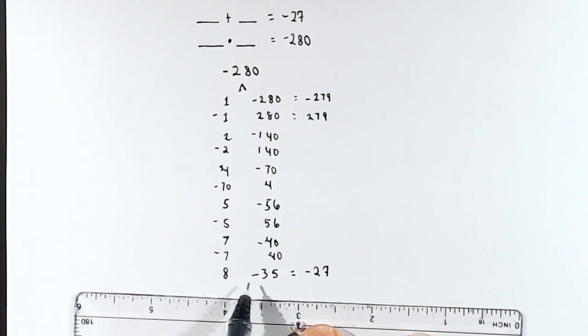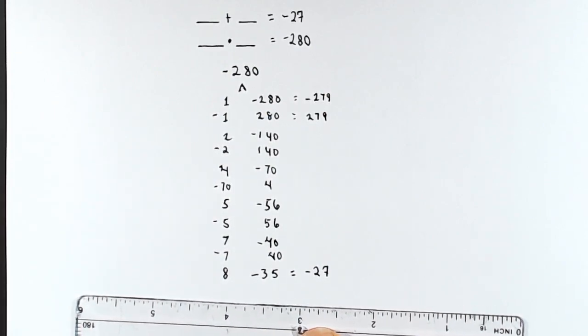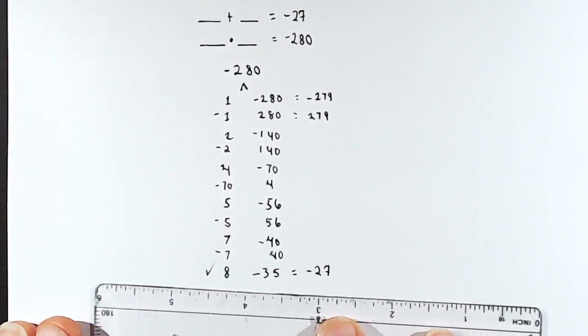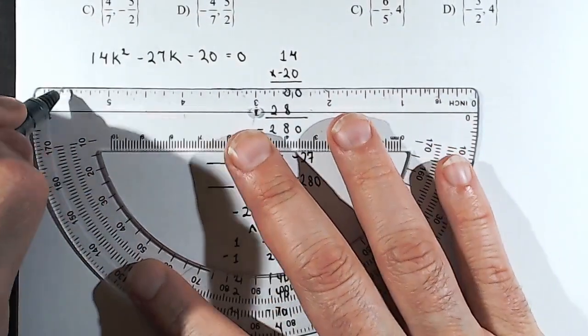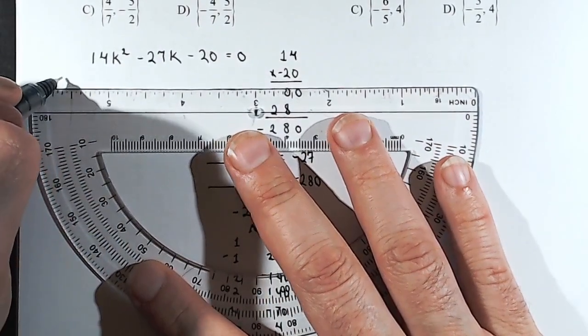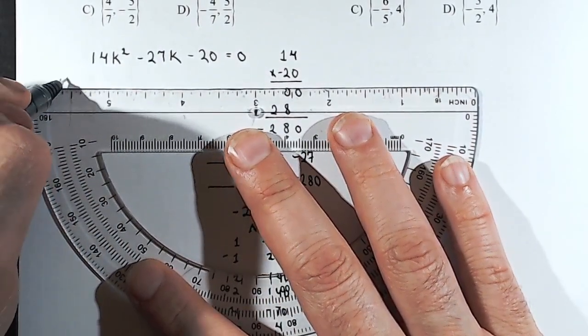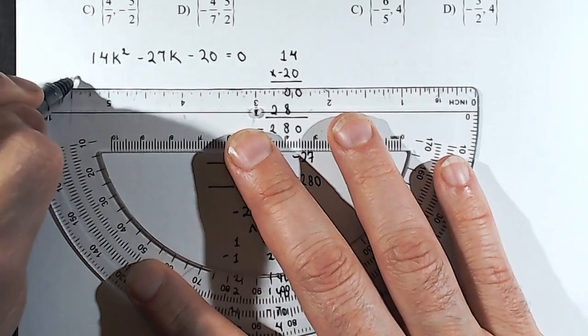So these are our two factors. Now, watch what I do with 8 and negative 35. Let's go back up here. I'm going to write the first term unchanged, but I'm going to give myself some room. I'll write 14k squared.